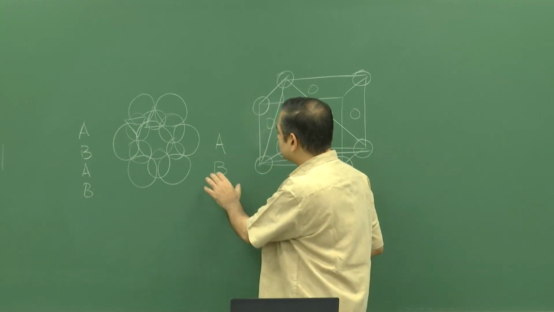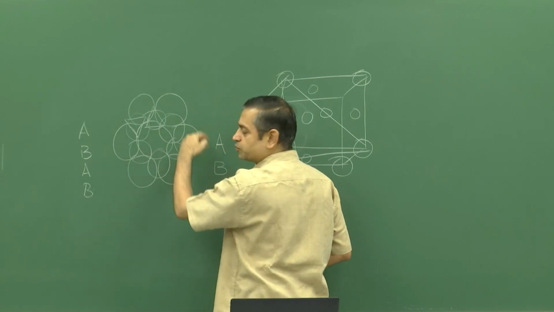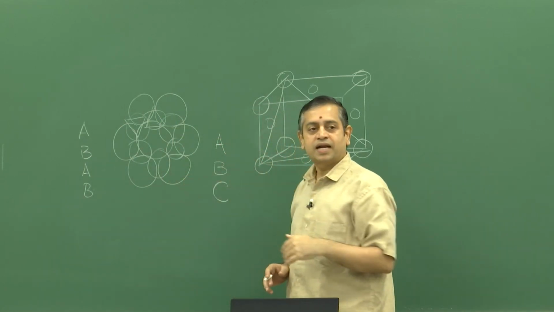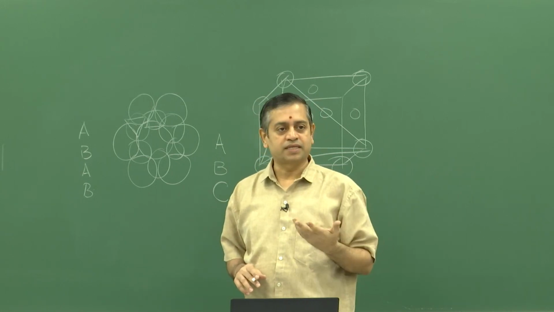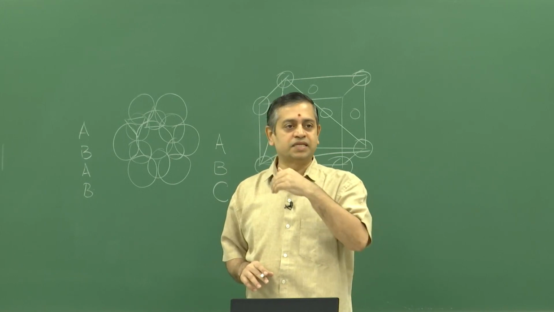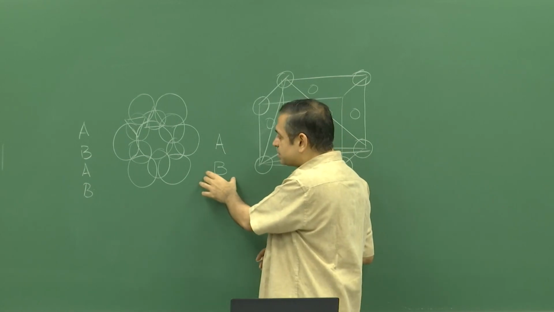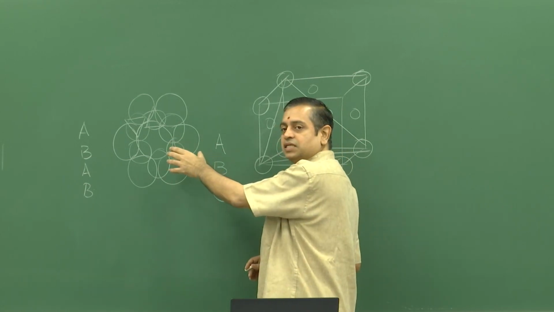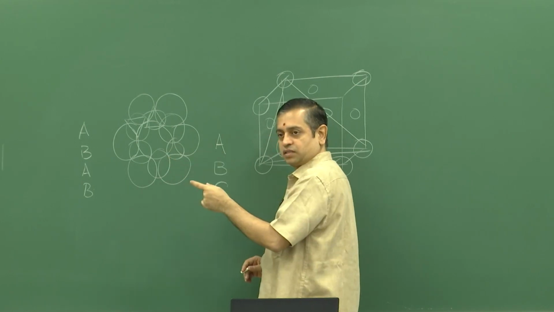Now, the only difference between this and this is, after I put the A, whether I use only one of the triangles and then go back to A, that will be HCP, and if I use both the triangles, ABC, then I will get FCC. Sometimes there is a fault in this sequence, that is called a stacking fault.